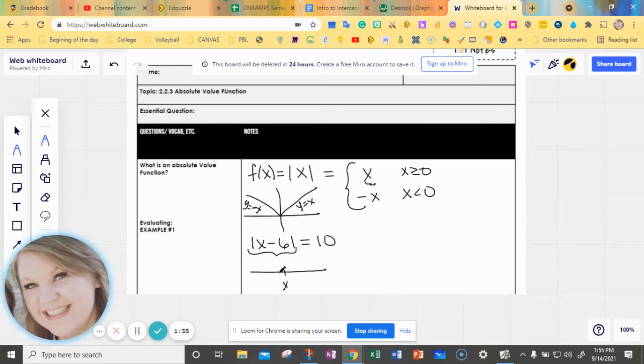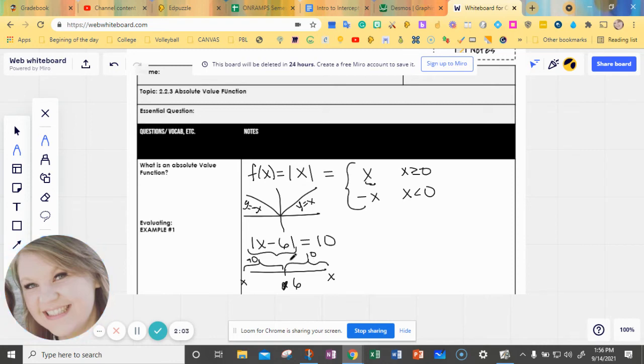So what they're saying is the distance between some number, x, is 10. I'm going to rewrite that a little bit. The distance between some number and 6, that's where the 6 came in, is equal to 10.